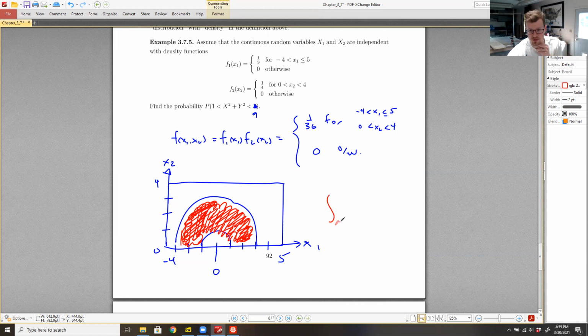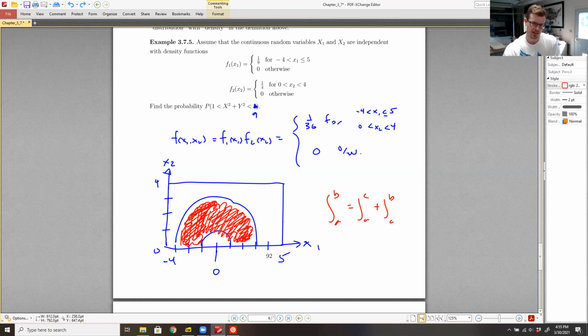Remember that the integral from a to b can be written as the integral from a to c plus the integral from c to b. So essentially what I'm telling you is that we can integrate over this entire region, including this area here, and that would be our integral from a to b, and I can split it up into the two pieces, right? So fundamentally, this is the concept that I'm using here.